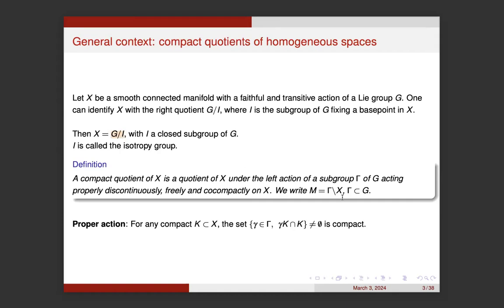And the quotient of X is the quotient under the action of a discrete subgroup gamma of J, which acts properly, freely, and co-compactly.